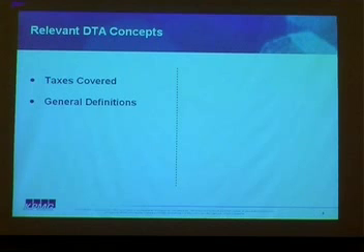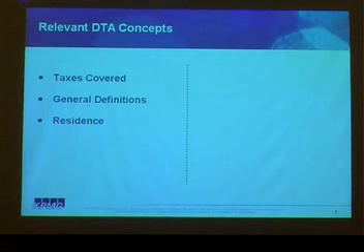If we look more closely, in terms of a comprehensive DTA, you will invariably find that there are a number of commonly recurring articles. One of the things that you always find in a DTA is details in one of the opening articles of what are the taxes covered. And this is quite important because typically you'll find Malaysia's agreements cover income tax and often petroleum income tax.